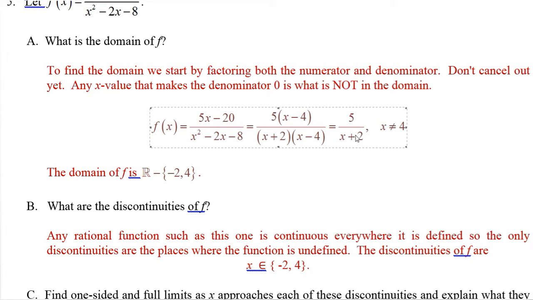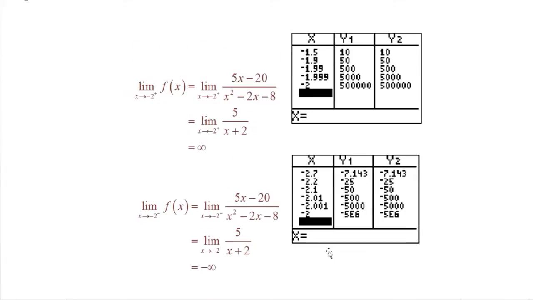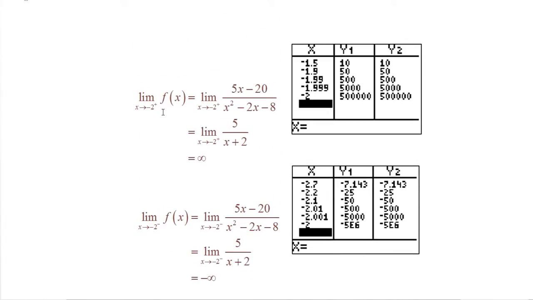That's going to tell you it goes to positive infinity from the right side of negative 2. But if you're a little bit to the left of negative 2 for x, like negative 2.1, this denominator is negative, and this whole thing is negative. It goes to negative infinity. So what we should see then is the limit as x goes to negative 2 from the right side is positive infinity, and from the left side is negative infinity, and that's corroborated by the table here.